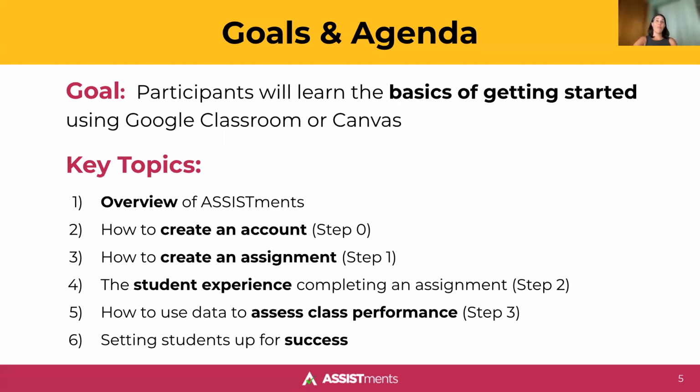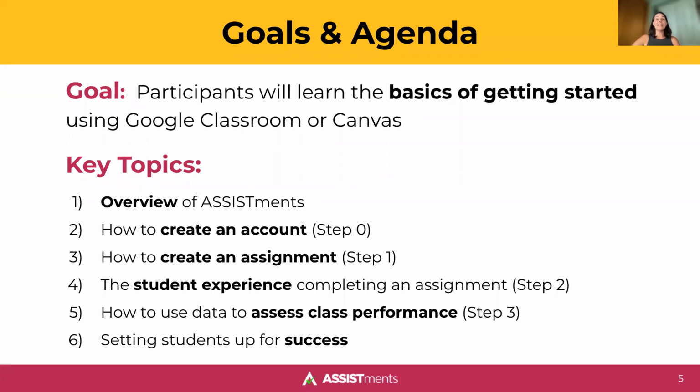During tonight's session, we're going to cover an overview of ASSISTments for those who are brand new to the platform. I'll walk you through how to create an account, and then we'll go through 3 of our 4-step process. Step 1 is how to actually create an assignment to deliver to your students. I'll walk you through and demo what the student experience looks like so you can see what kind of feedback students are going to experience.